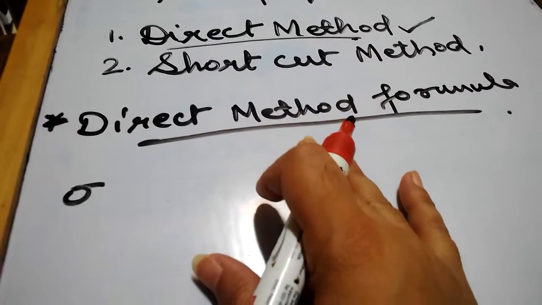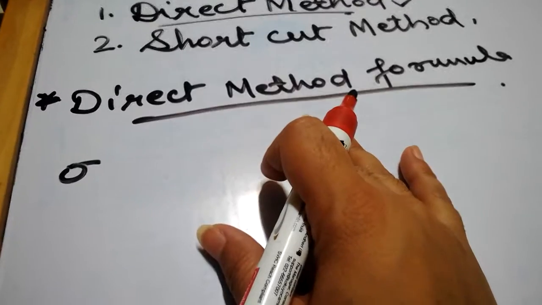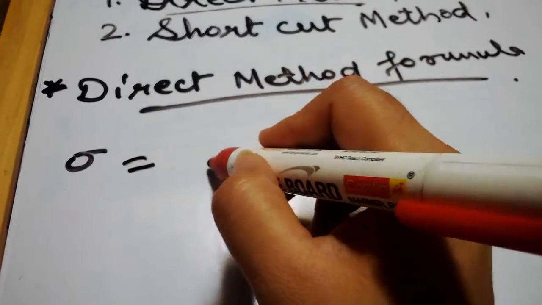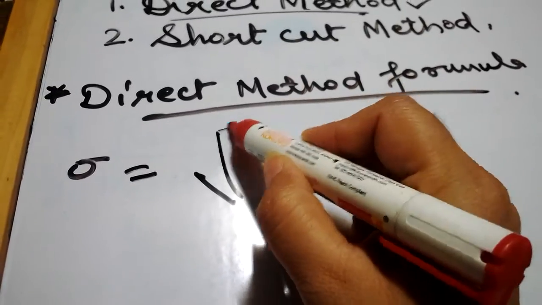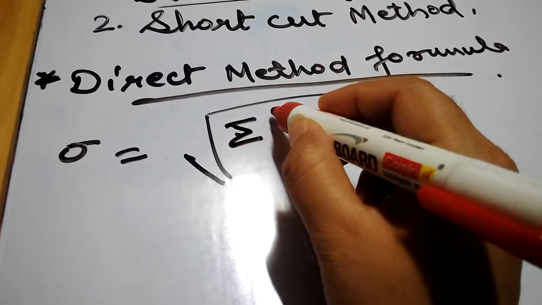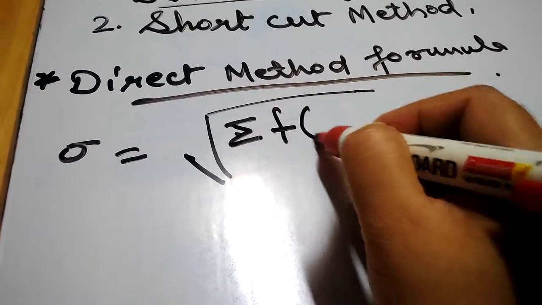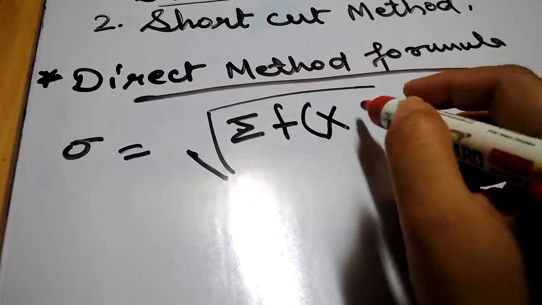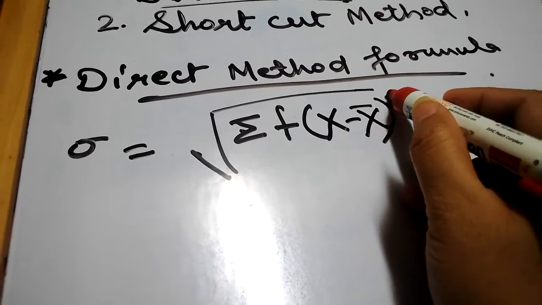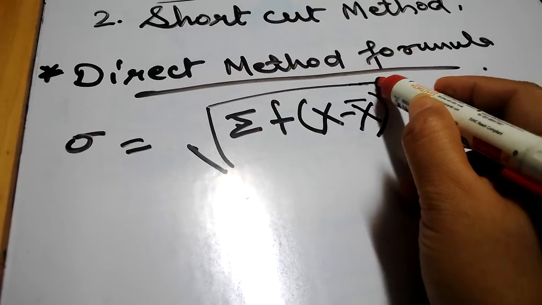So we'll be learning the direct method now, and the formula for the direct method is sigma equals the square root of summation f into capital X minus x bar. This x bar is the mean over here and we have to square it.